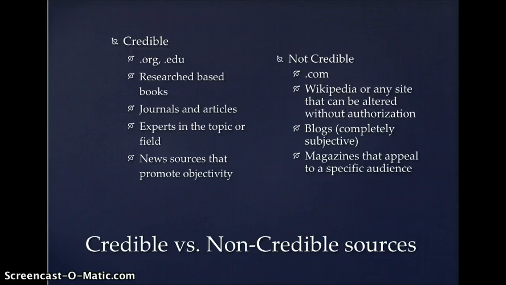So credible: .org or .edu. Now we see websites have a lot of different web addresses, and the ending of the web address often indicates who is funding or who is promoting this website. So .org or .edu usually stands for organization or education. So the main purpose of these different types of websites is to put information out there.